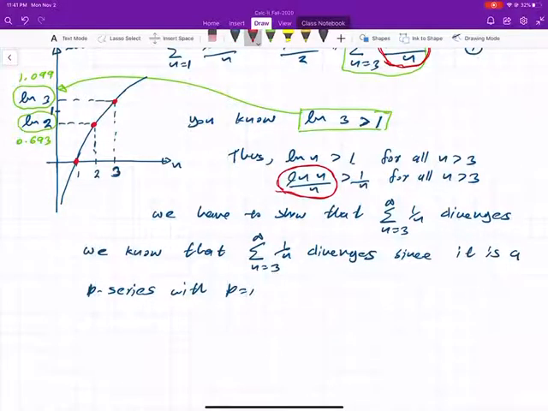This power is actually P. This is n to the power 1, so it is a P series with P equals 1. If you can remember what the P series is, you can just refer to the previous day's notes.